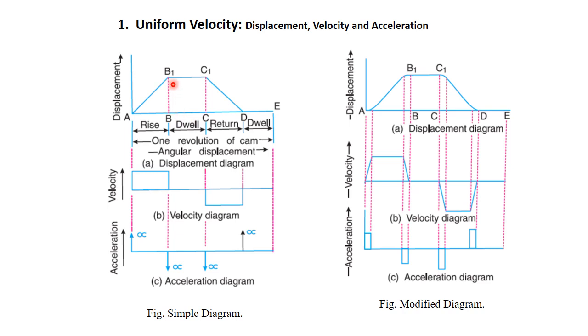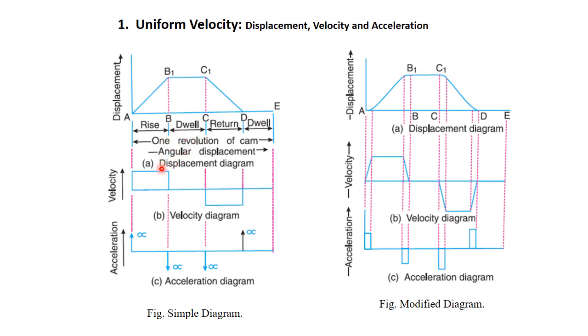So the follower is not going to move up or down during this period. Therefore the velocity and acceleration will be zero during this period. So we can see that the velocity is zero and acceleration is also zero.